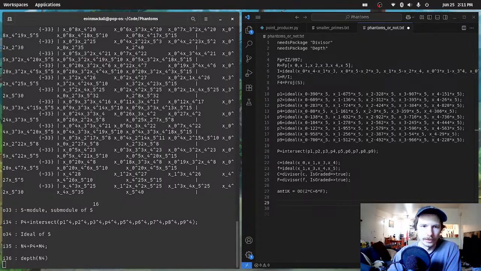I'm kind of curious why the canonical divisor wasn't giving me what I wanted. So we can go to Karl Schwede's paper, which explains it maybe.